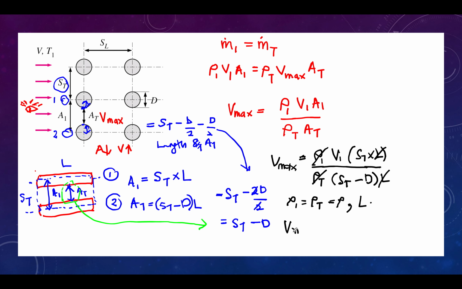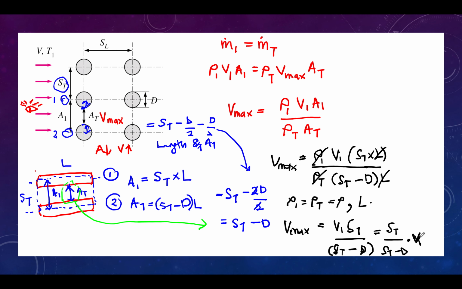Therefore, V maximum equals V1 times ST divided by ST minus D. Rearranged, it becomes ST divided by ST minus D times V1.